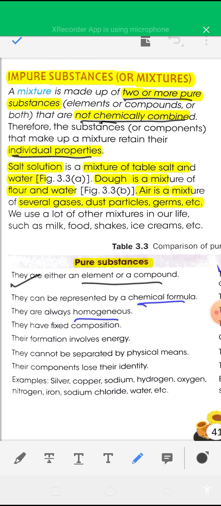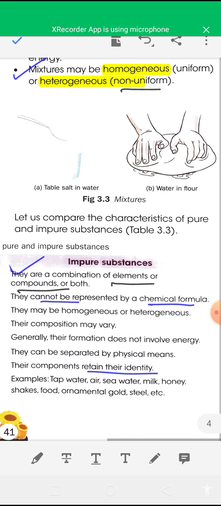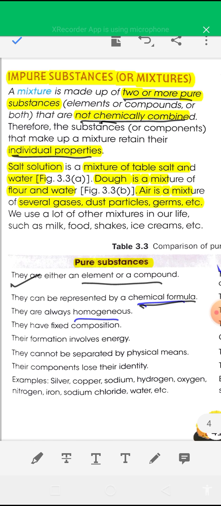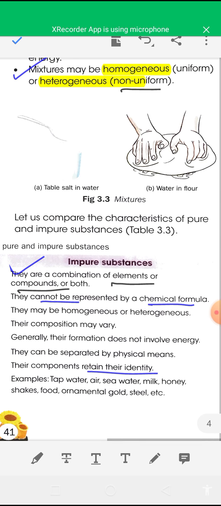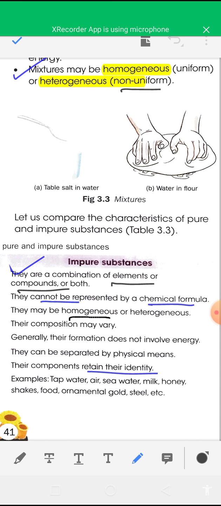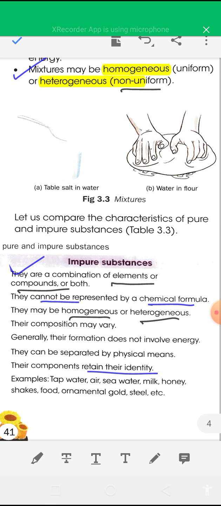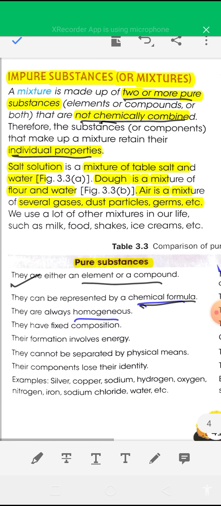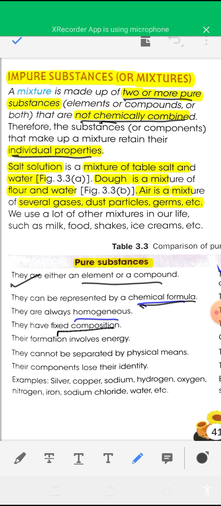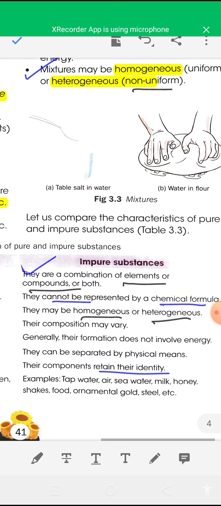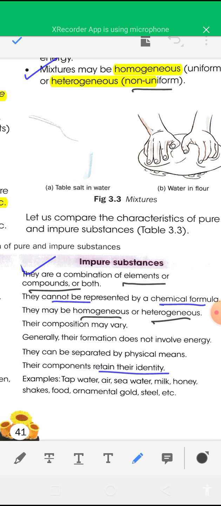Second, pure substances can be represented by a chemical formula, but impure substances cannot. Third, pure substances are always homogeneous, but impure substances may be homogeneous or heterogeneous. Pure substances have a fixed composition, but impure substances do not have a fixed composition. Their composition may vary.